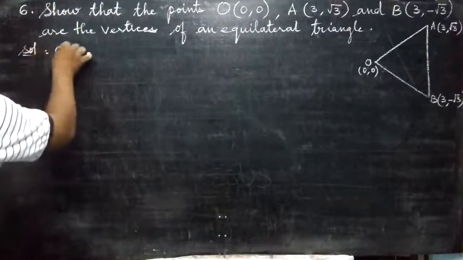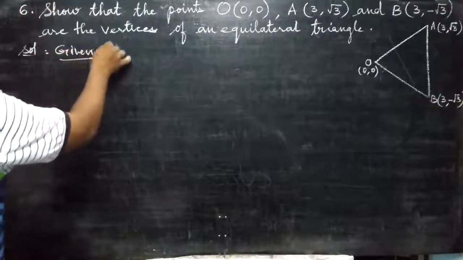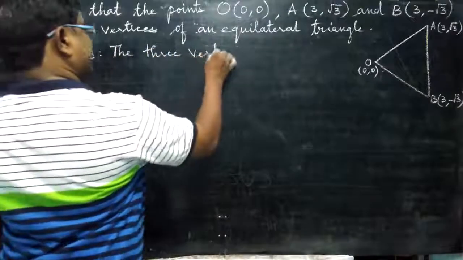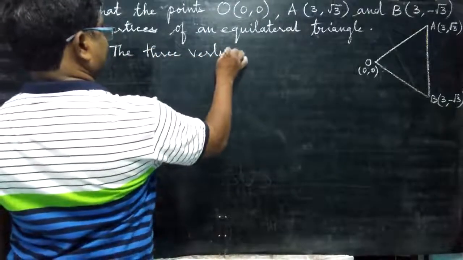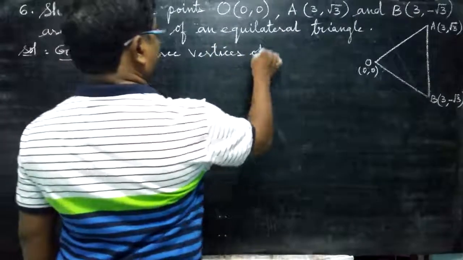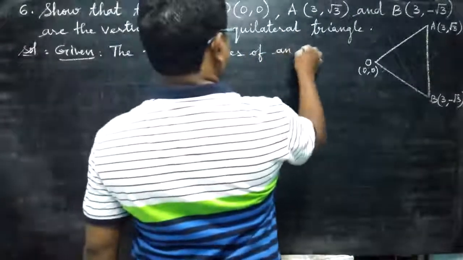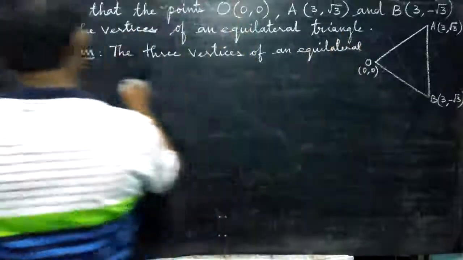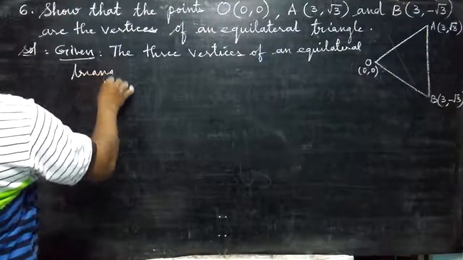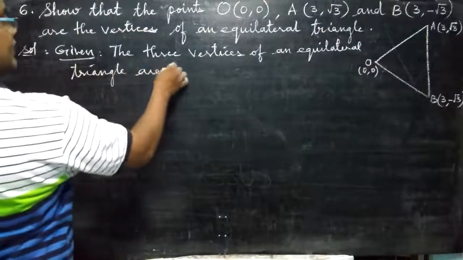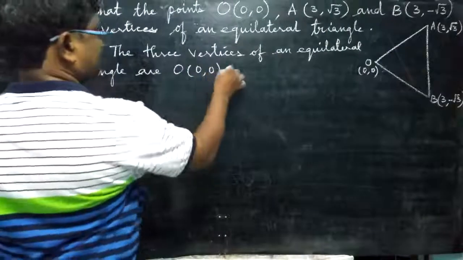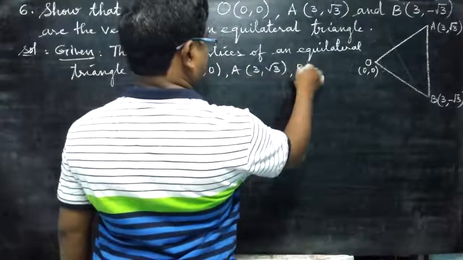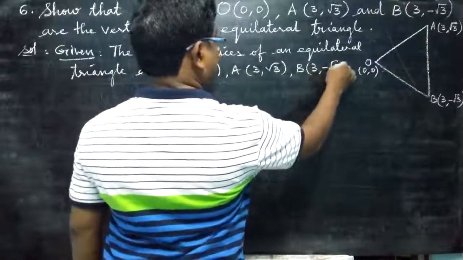Solution: given the three vertices of an equilateral triangle, we are proving it, are O (0, 0), A (3, root 3) and B (3, minus root 3).